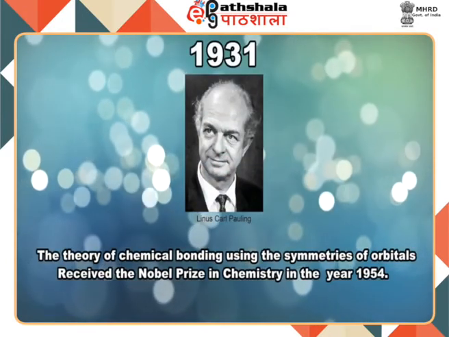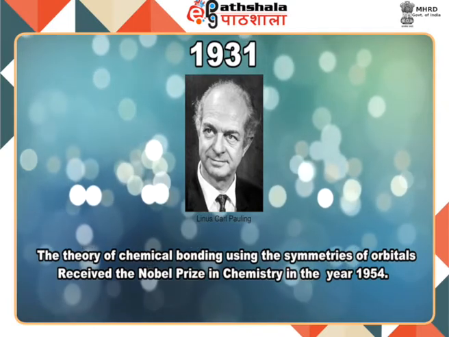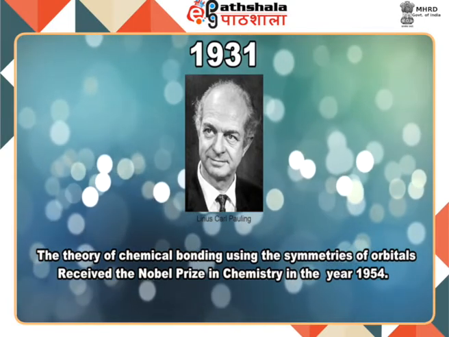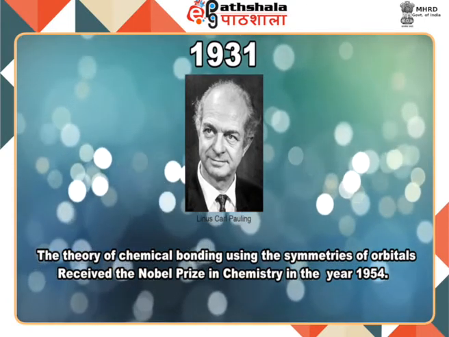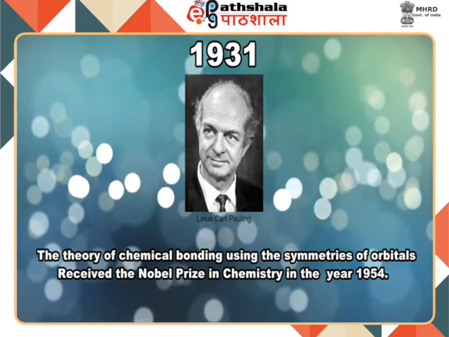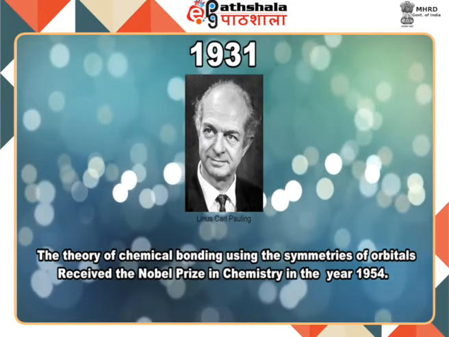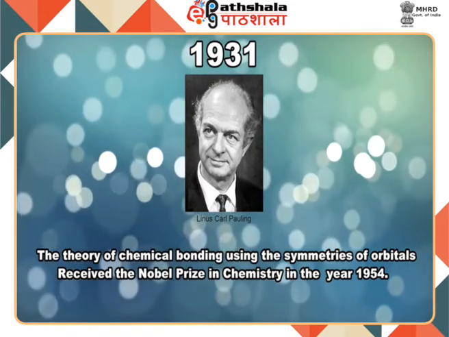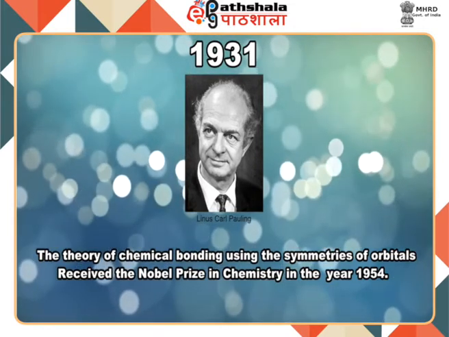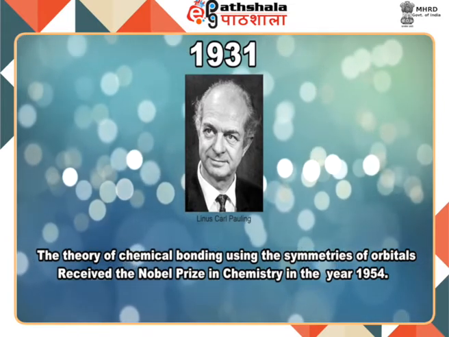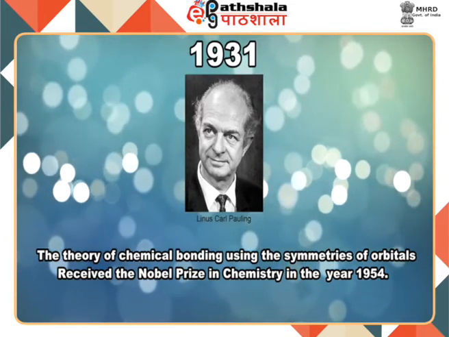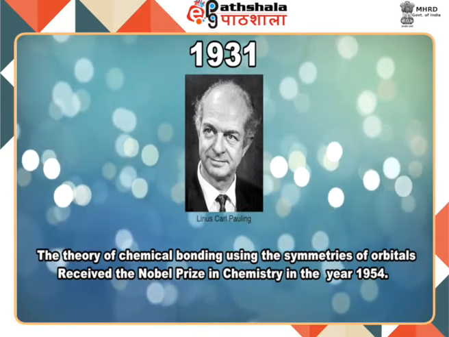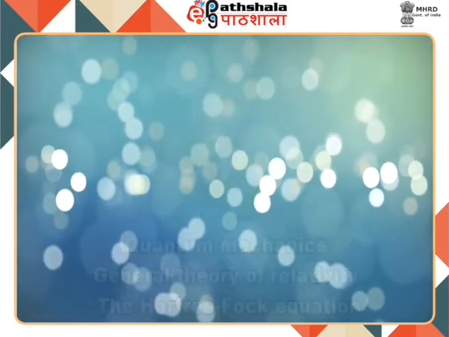In 1931, Linus Carl Pauling, an American chemist, biochemist, peace activist, author, and educator, studied the theory of chemical bonding using the symmetries of orbitals. He received the Nobel Prize in Chemistry in the year 1954.